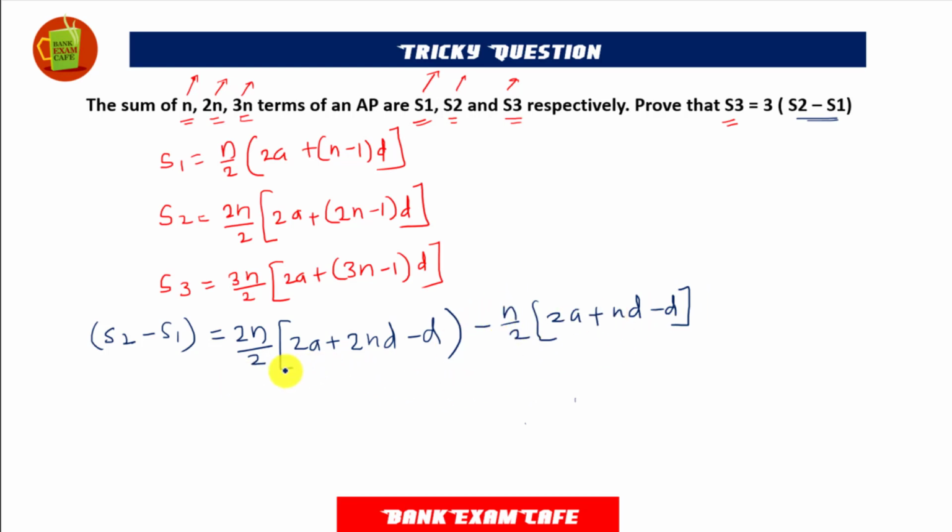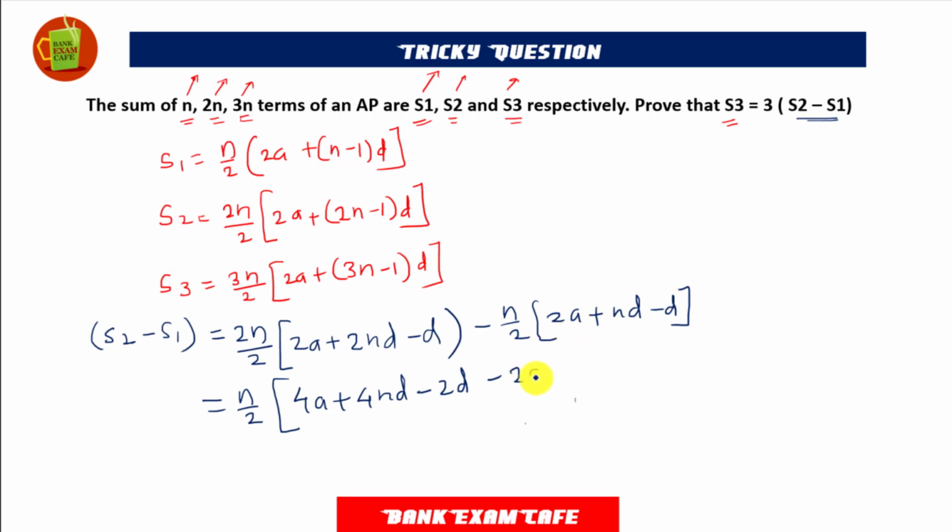Now from this n by 2 is a common factor, so first we will take that out as a common factor. So inside the bracket it will be multiplied by 2, so it will be 4a plus 4nd minus 2d minus, here it is 1 only because we have taken out n by 2 as a common factor. So the negative sign is outside the bracket, so all signs will change.